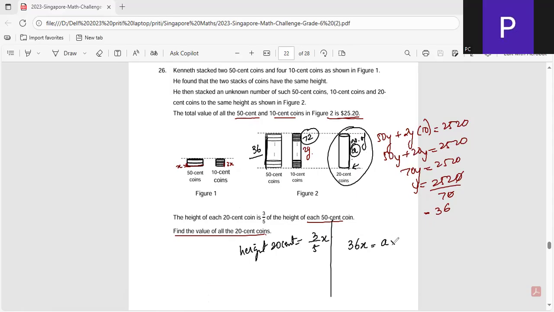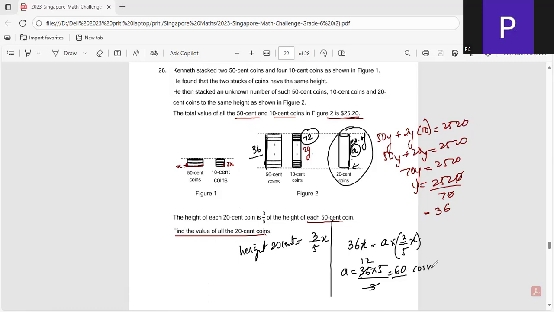A number of coins into 3/5 of x, because the height of each 20-cent coin is 3 over 5x. Now, let's just solve this. x and x get cancelled. So, A is equal to 36 into 5 over 3. So the total number of 20-cent coins is 60 coins.